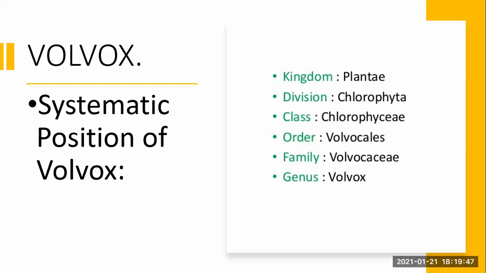Thallus construction is simple, presence of chlorophyll, cell wall of cellulose, that's why it comes under Plantae algae. Chromatophores green in color, photosynthetic product starch, motile cells flagellated, flagella equal in length, that's why it comes under Chlorophyceae.